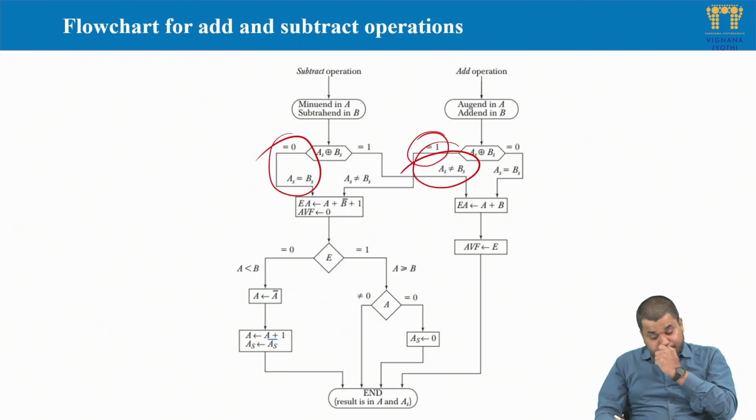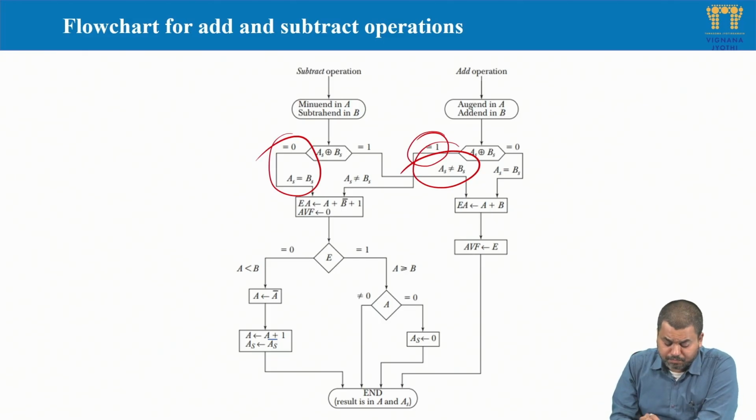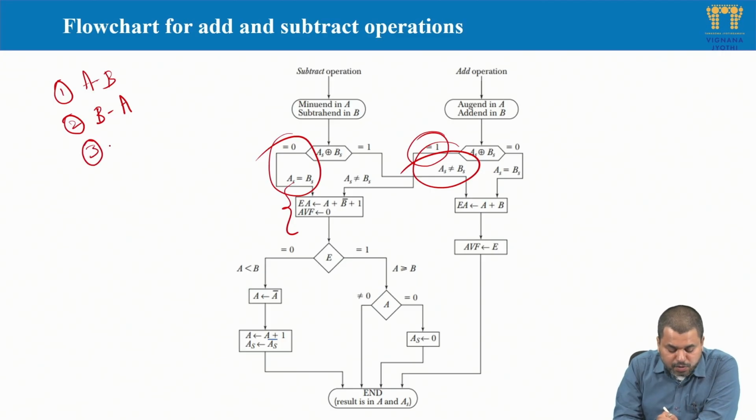Listen here. What are the three cases I need to deal with in subtraction? If A is greater than B, I need to perform A minus B. If A is less than B, I need to perform B minus A. If A equal to B, I can do A minus B. These three things I need to take care of while performing the subtraction.